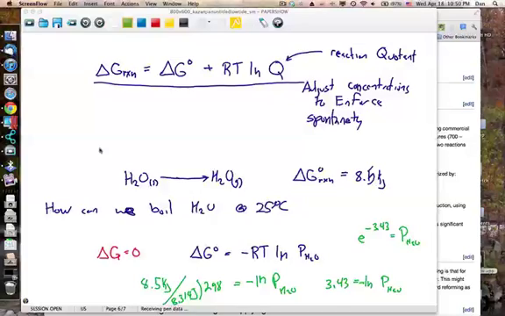The pressure would have to be 0.0323 atmospheres, or about 24 millimeters of mercury.